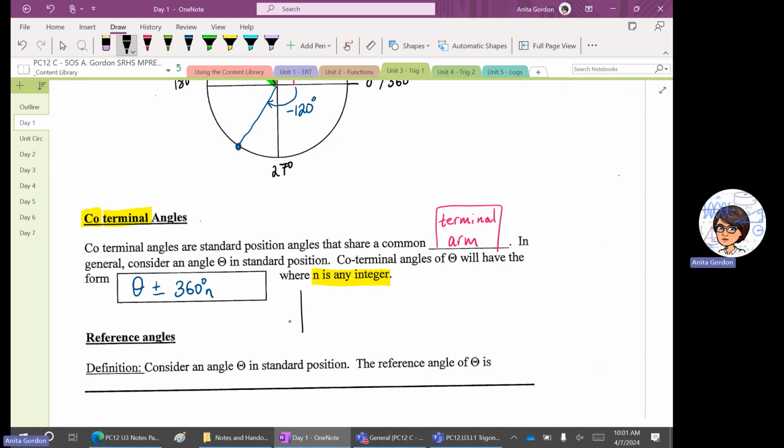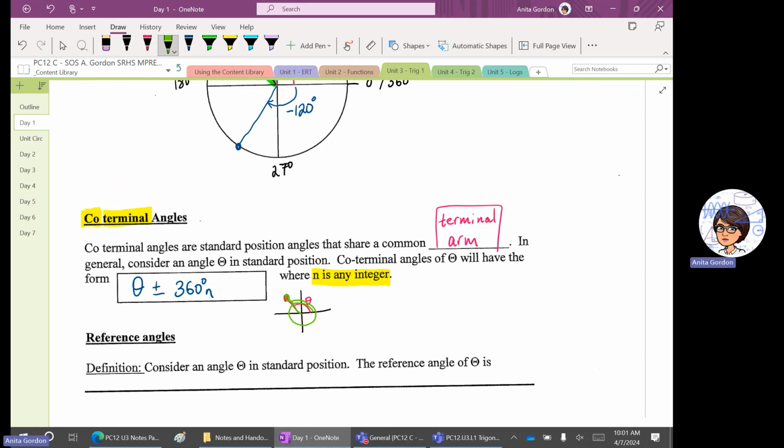Meaning, if I have an angle here, okay, let's call this angle theta, I can go around the circle and come back, and this would be a coterminal angle. This would be theta plus 360, meaning I started at theta and I went 360, one whole circle around.